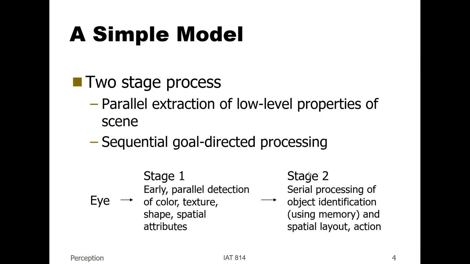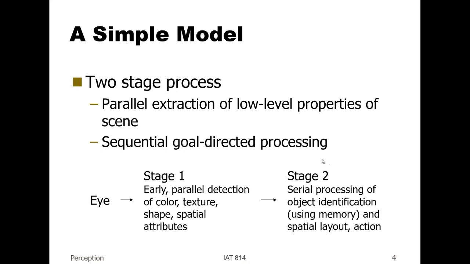Stage 2 is where serial processing of object identification that may have been picked up in stage 1 using memory and spatial layout and action takes place. In stage 2 is where we do sequential goal-directed processing. In stage 1, there is very, very limited conscious action or control of what's going on in that stage, other than pointing your eyes at something in order to acquire visually a target.